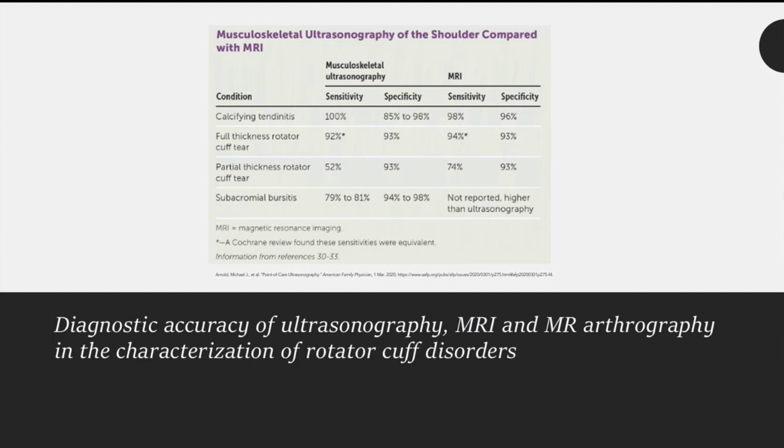This analysis revealed that there was very good diagnostic accuracy of all three, ultrasound, MRI, and MRA, in characterizing full thickness rotator cuff tears, while the overall sensitivities did decrease with partial tears. They found that the sensitivity of the MRA was slightly higher than MRI and ultrasound for diagnosing partial thickness rotator cuff tears.